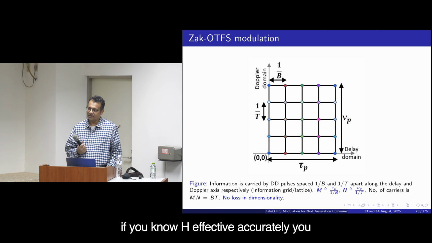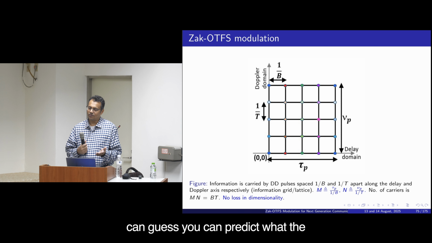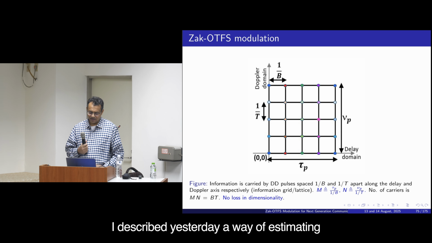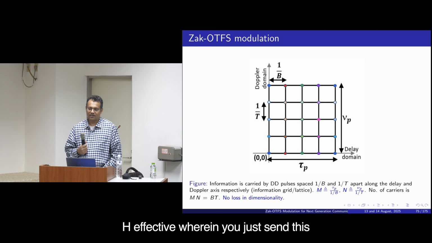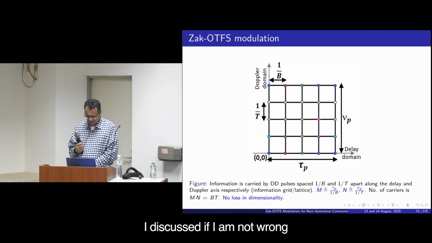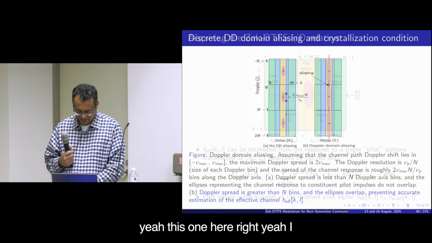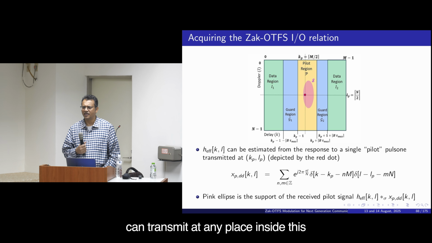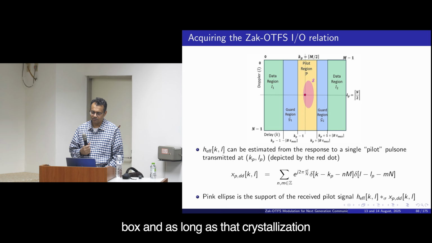So if you know H effective accurately, you can predict what the output is going to be, right? And I described yesterday a way of estimating H effective, wherein you just send this standard pulson at 0 0. Okay. Well, I discussed, if I am not wrong, yeah, this one here, right? I said you can transmit at any place inside this box, okay?